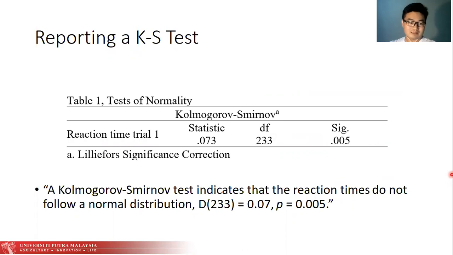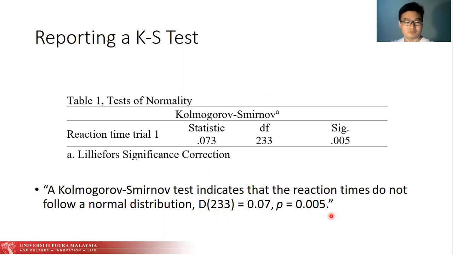We will write something like the Kolmogorov-Smirnov test indicates that the reaction times do not follow the normal distribution because the p-value is smaller than alpha. We reject the null hypothesis. Pay attention to that the d-value here, the test statistic is our d-value. And then here, the degree of freedom equals the sample size, and then the p-value.